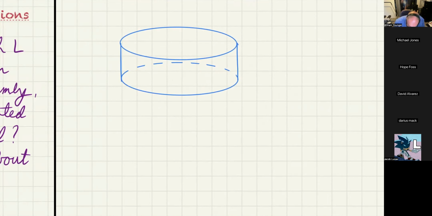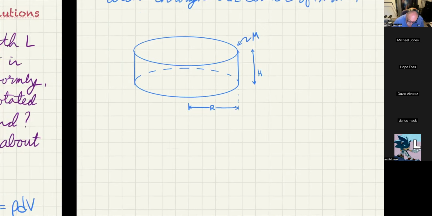So we see that. We know the height is h. We know the radius is r. And we know the mass is m.